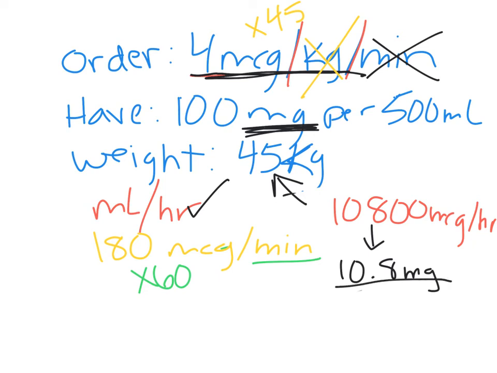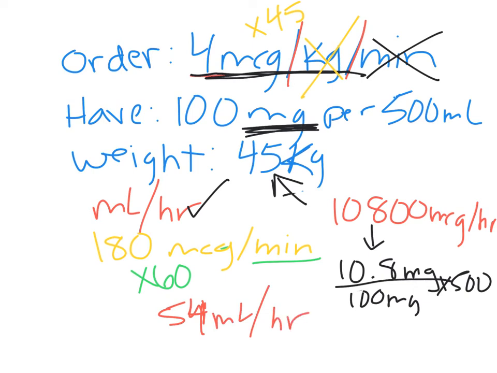Then I incorporate H and Q, how it comes: 100 milligrams per every 500 milliliters. So taking 10.8 divided by 100, and multiplying it by 500 gives me an answer of 54. So that person needs 54 milliliters per hour.